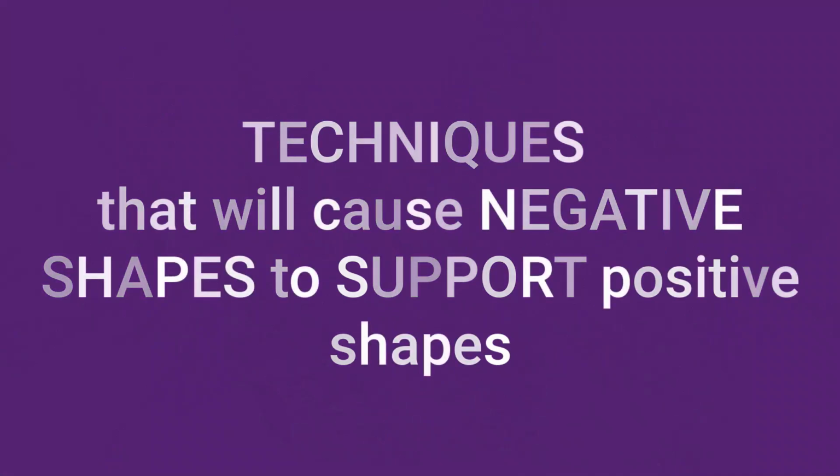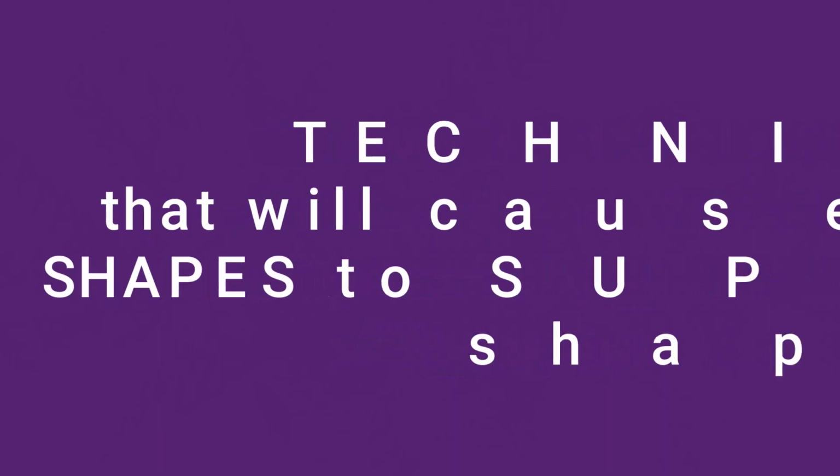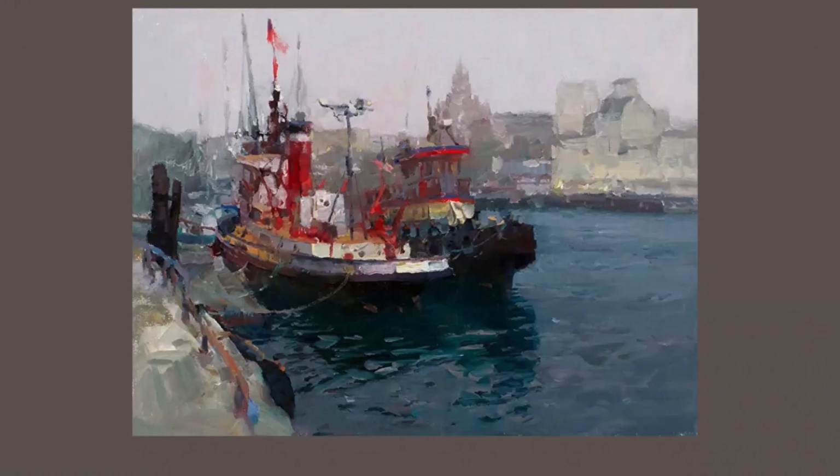Let's look now at some techniques artists use to cause negative spaces to support positive spaces rather than to isolate away from them. To do that, let's go back to Kevin McPherson's tugboat painting and examine the techniques he used to cause that negative space to support the painting rather than to conflict with it.